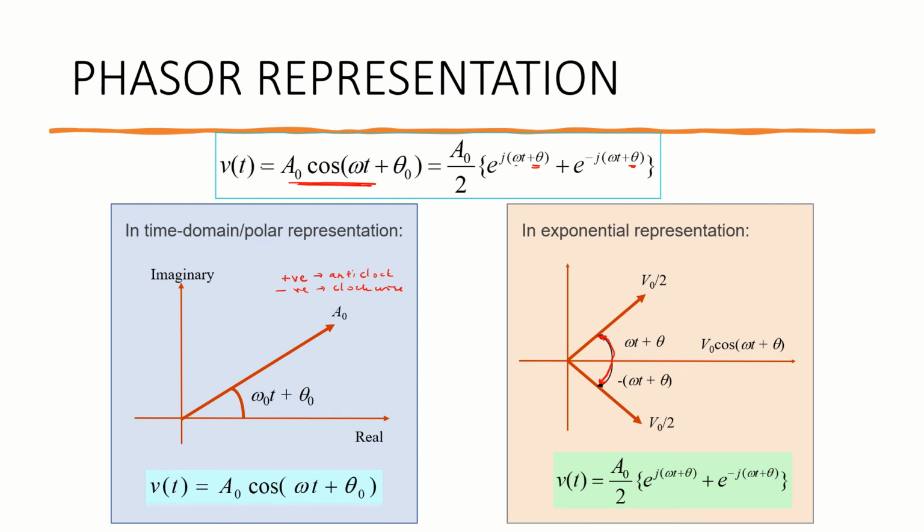In a trigonometric function, your phasor representation will be only one side, either positive or negative, based on the equation here. In an exponential representation, it must have two: positive and negative. For the positive, you start from this axis, anti-clockwise. For negative, from this axis and clockwise.